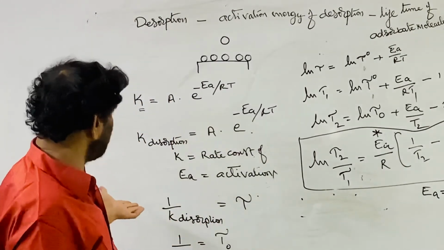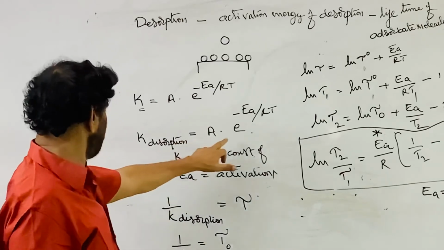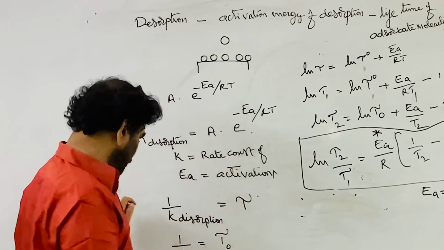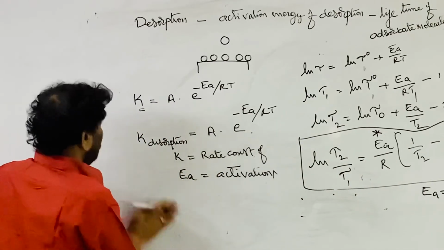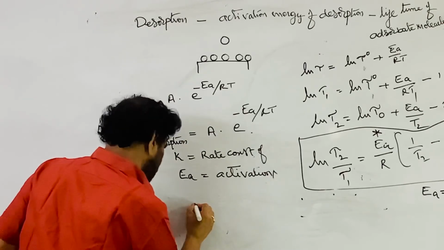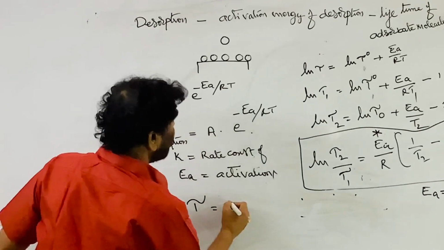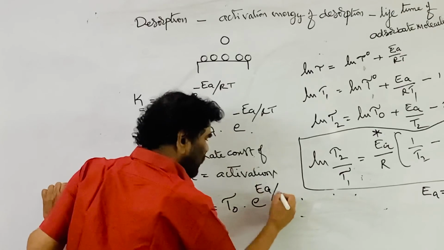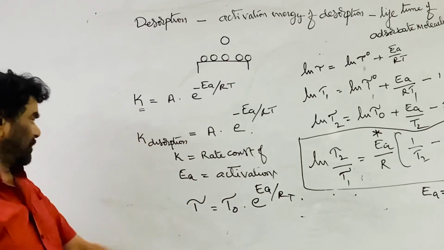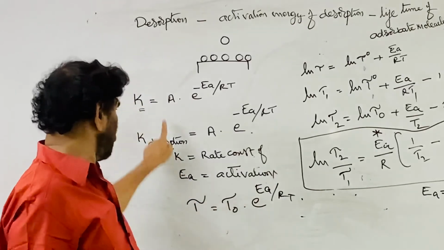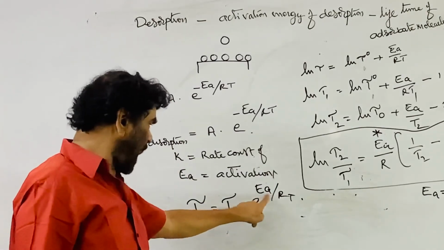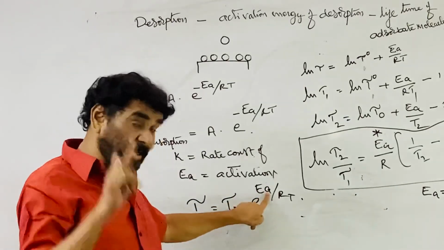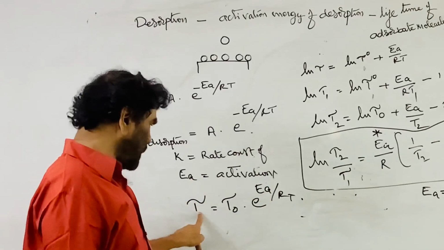The equation is tau is equal to tau naught into e to the power of EA by RT, the reciprocal of the rate constant equation. As the activation energy of desorption increases, the average life increases.